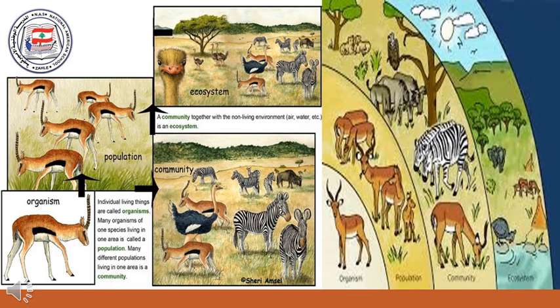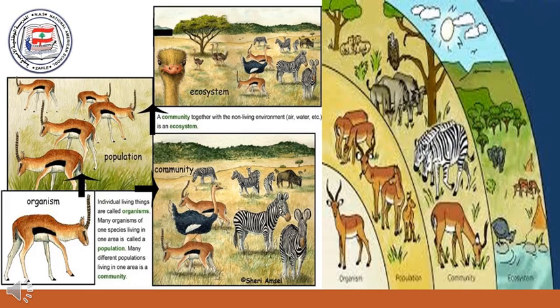I want you to focus on this picture. It helps you understand the difference between a population, a community, and an ecosystem. So let's start here with an organism. An organism is an individual living thing. It could be a plant or animal. Here we're taking an example of an animal. It is an organism. A group of the same kind of this animal forms a population.